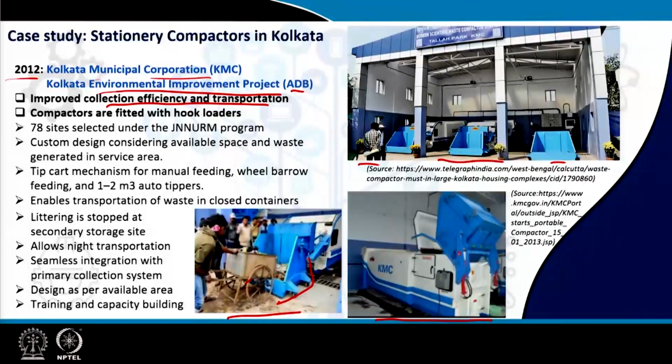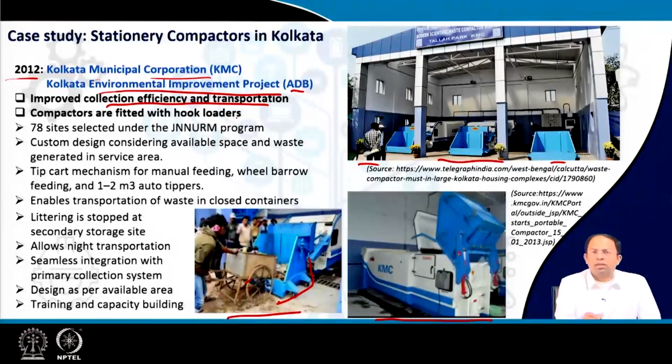These compactors are fitted with hook loaders, so that using these hooks they are lifted onto the lorries or transport vehicles. In Kolkata, 78 sites were selected under the JNNURM program, and based on the available space and waste generated in the service area, custom designs were created for these compactors, and then the compactors were ordered.